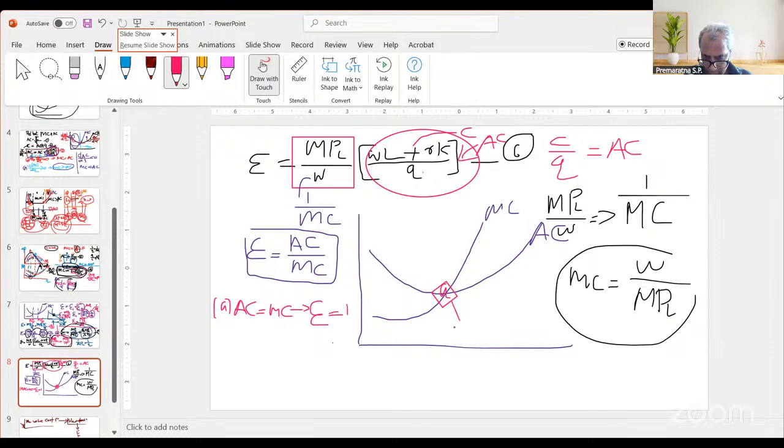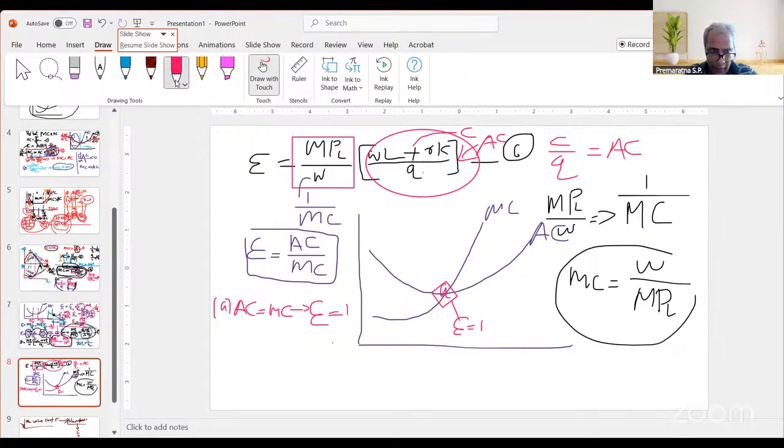Here, elasticity becomes equal to 1. What does that mean? If you expand your firm at the same rate, the output also expands at the same rate. So that means constant return to scale.